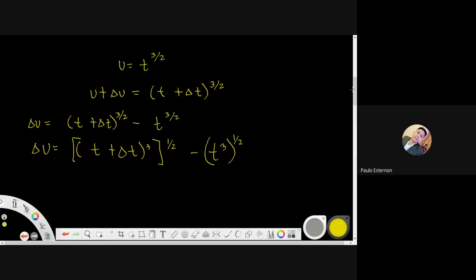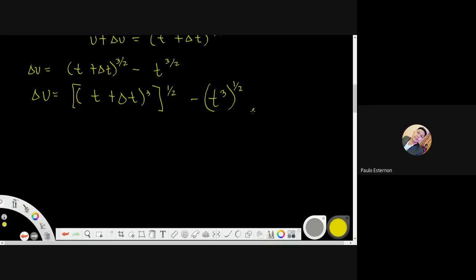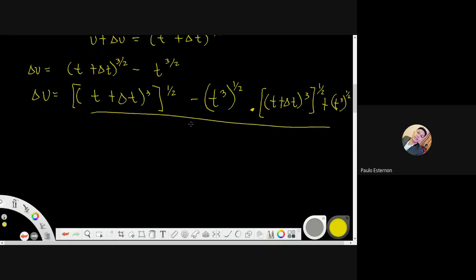So we can multiply the conjugate to cancel out the 1 half exponent. So multiply it by t plus delta t cubed, which is also raised to 1 half, then plus t cubed raised to 1 half. What we multiply in our numerator must also be multiplied in our denominator.